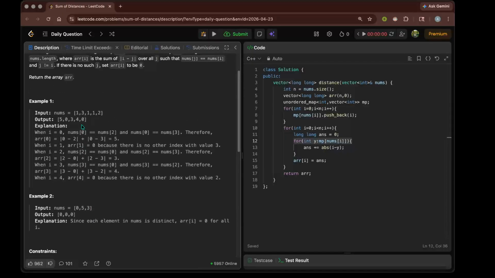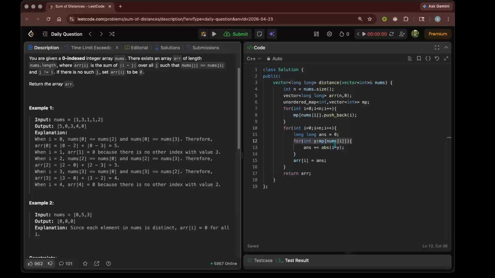Okay, so what should I do? I thought a bit and got some idea. Let's try it out. The idea was if I just move in the forward direction.